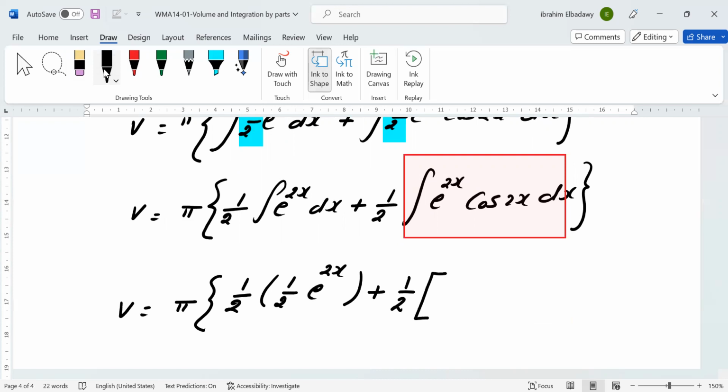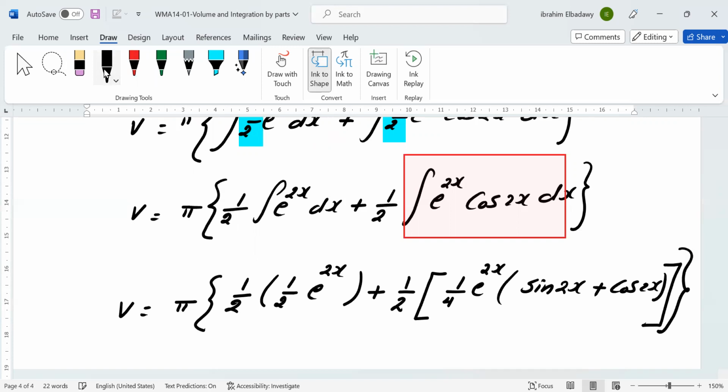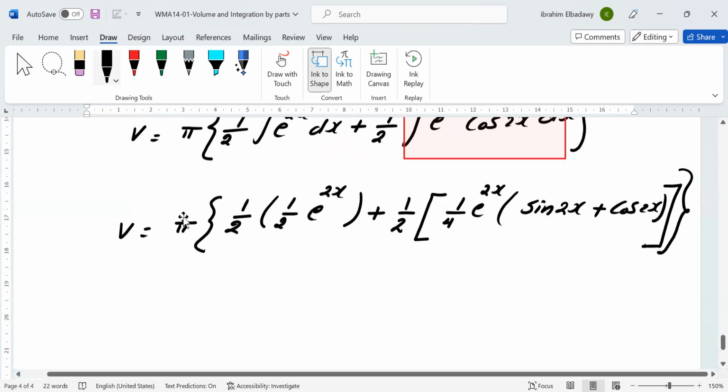Open another bracket and write whatever you got in part A, which is quarter e power 2x, open bracket, sine 2x plus cosine 2x, and close the bracket. And the large bracket is multiplied by pi.